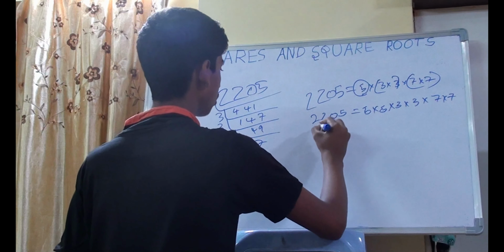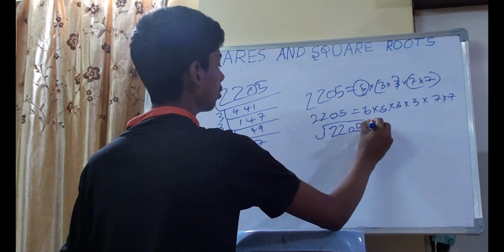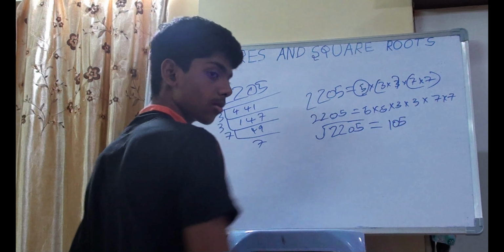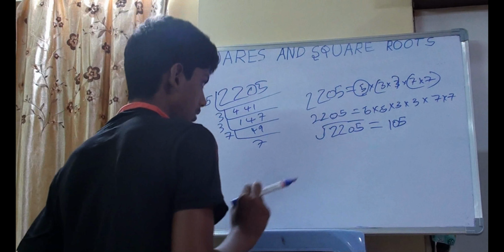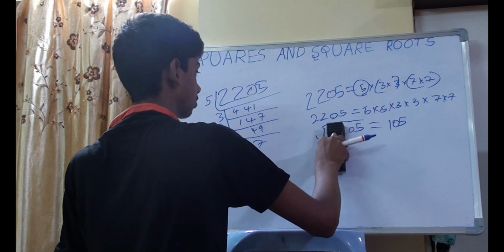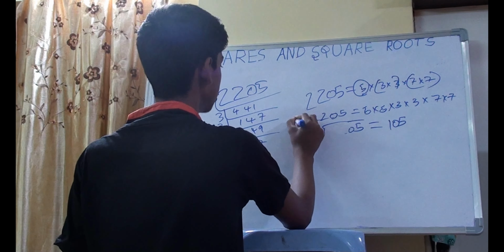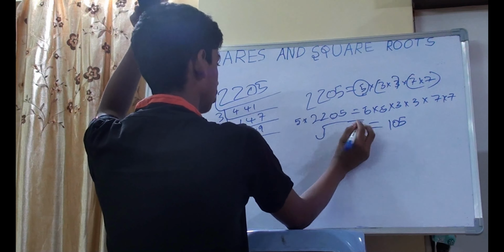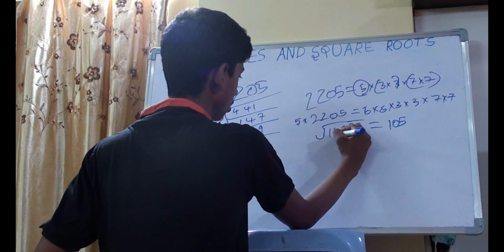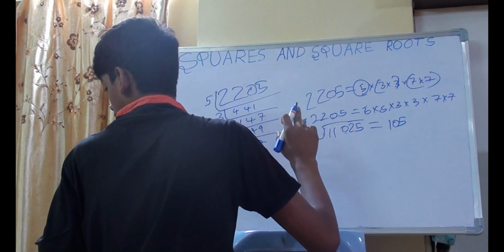So now the square root of this equals 105. If we multiply one 5 over here, we should multiply one more 5 over here. So this is the value. Now we can do one more thing.